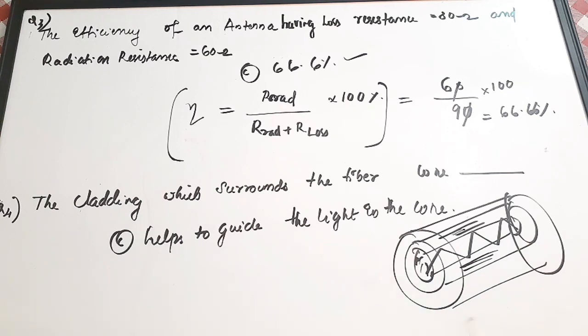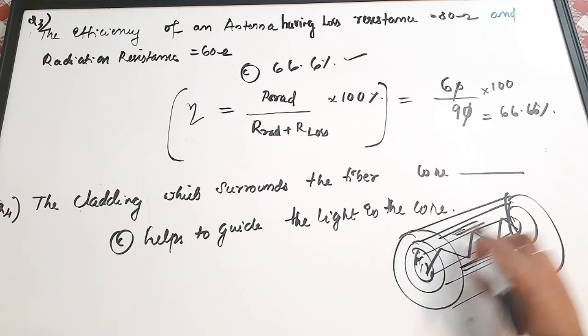Now, the function of this cladding is to guide the light through the core. It prevents the dispersion of light from the core region. You can say this is the actual sentence: it confines the light within the core itself, and it prevents the spreading of the light.